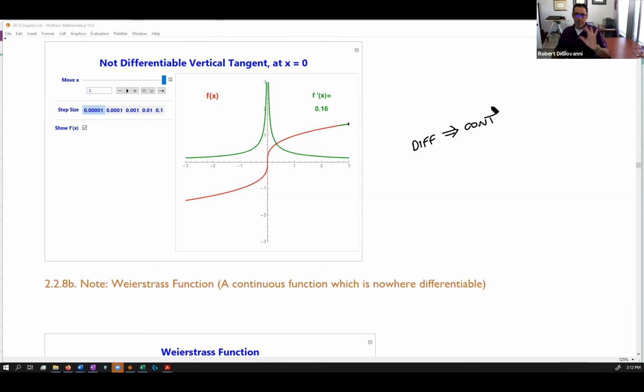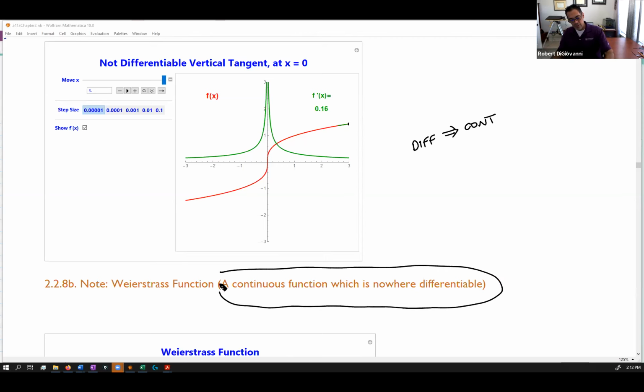Right, we know that. So mathematicians ask this question: is there a function that's continuous, but nowhere differentiable? Is there a function that you can draw without picking up your pencil, but at any point you ever go to, you can't take the derivative?